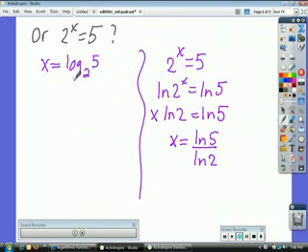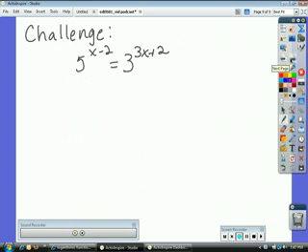Here, if I use the change of base formula, because I cannot put log base 2 on my calculator, the change of base formula would allow me to write that as log 5 over log base 10 of 2. And these two expressions would in fact give me the same result in the graphing calculator.